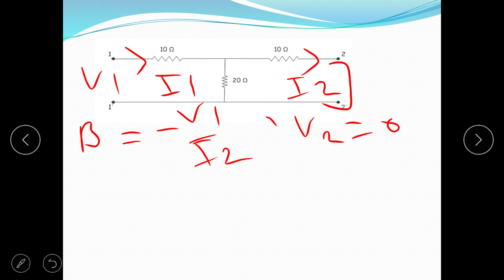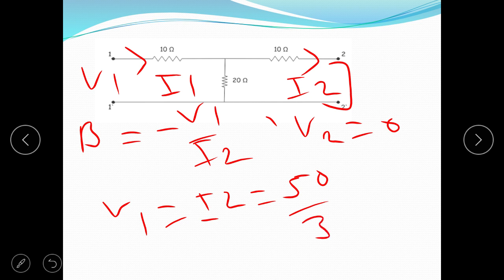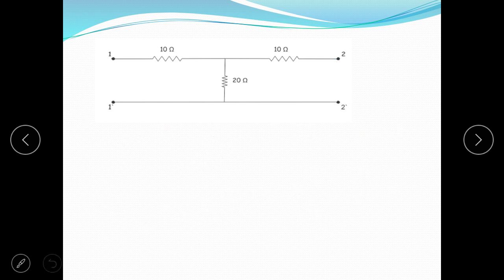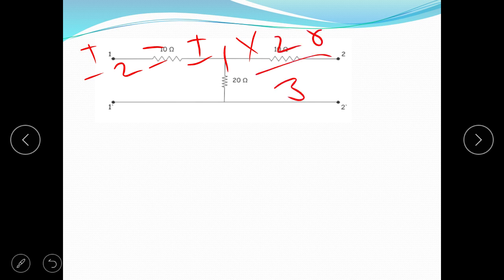So V1 is equal to I1Z, that is 50 divided by 3 into I1, and I2 in terms of I1 is 20 divided by 30.